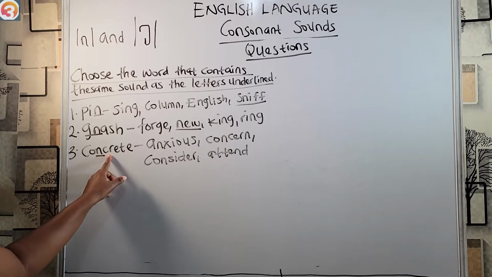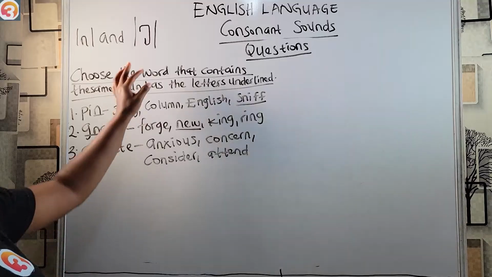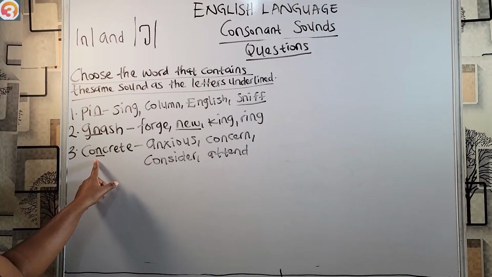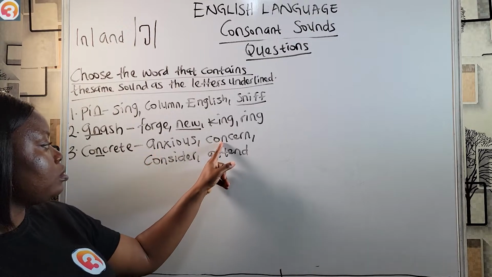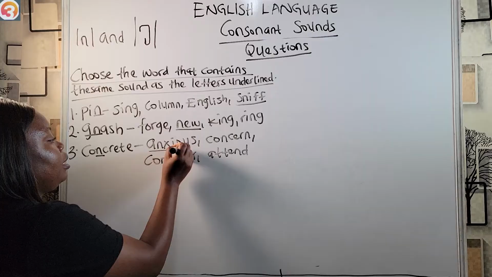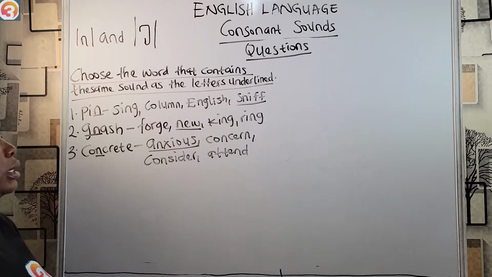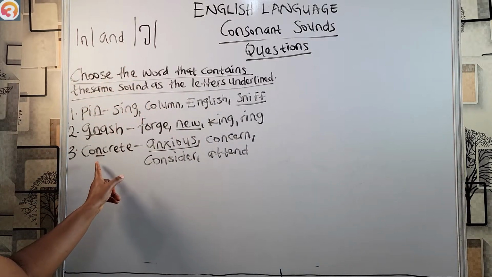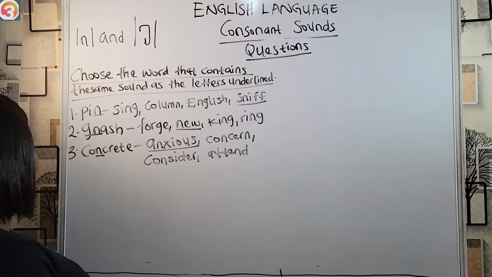This N is coming before a K, consonant K. We know that the N falls under ng rather than N. So we're looking for ng. Anxious, concern, consider, attend. We have the exact same thing here, N also coming before a K sound. So it doesn't contain N but ng. Answer here, concrete, anxious.